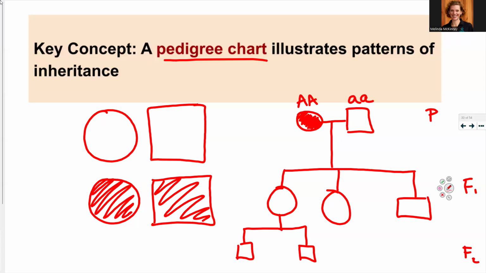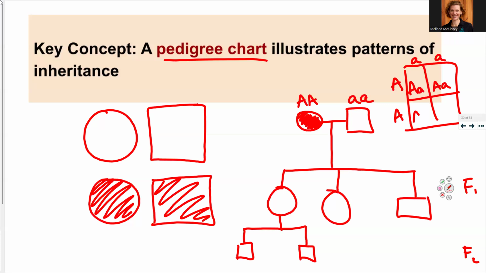Then the offspring, if we think about the Punnett square, let's draw it over here, you think about the possibilities with capital A for the mom, lowercase a for the dad. These are all identical. So all of the children are going to be heterozygous for the trait, and they're all going to express the trait since it's dominant. So these would all be shaded, right, in this example here.